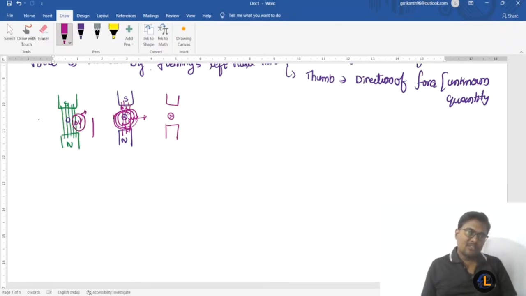And at this position, the magnetic field produced here is in the same direction as the conductor flux, so the flux will be aiding.